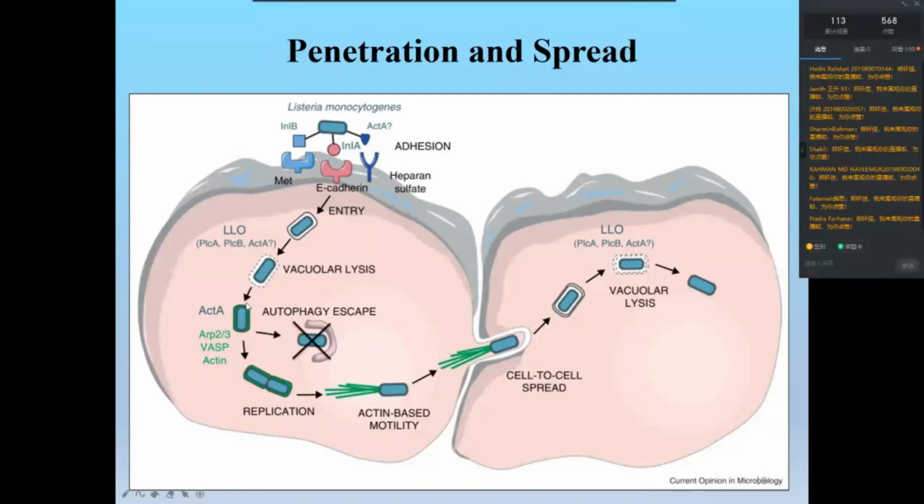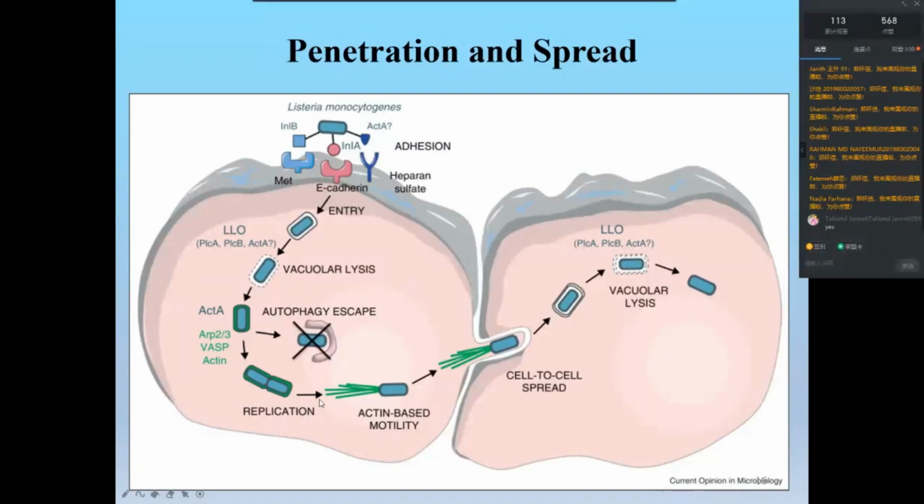And the bacteria can hire the actin filament at its tail site. So this is a filament of actin binding to the bacteria. And this tail is not stable.